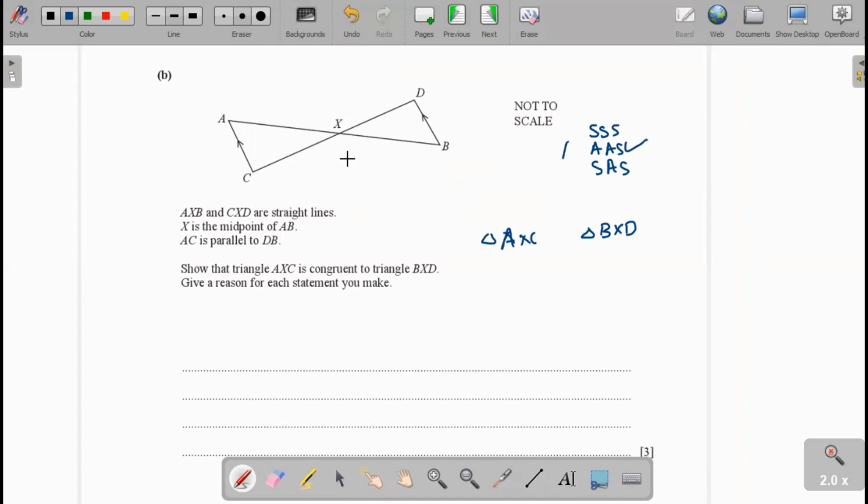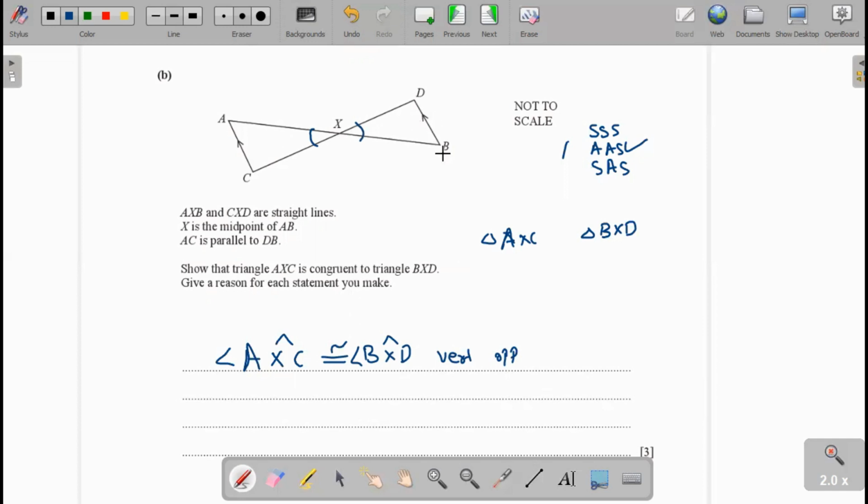In this case, angle AXC and angle BXD are equal. Why? Because these are vertically opposite angles. We write the reason: vertically opposite angles.